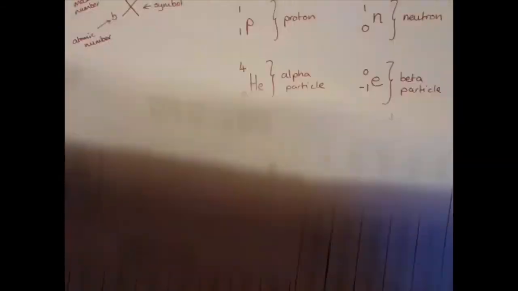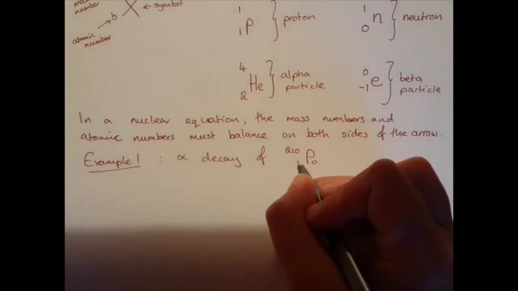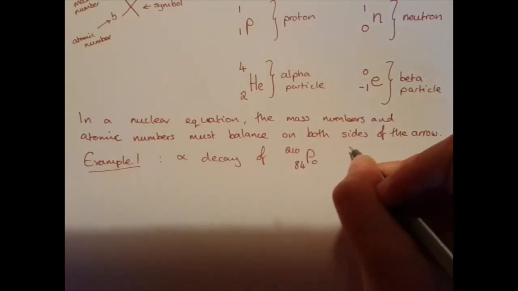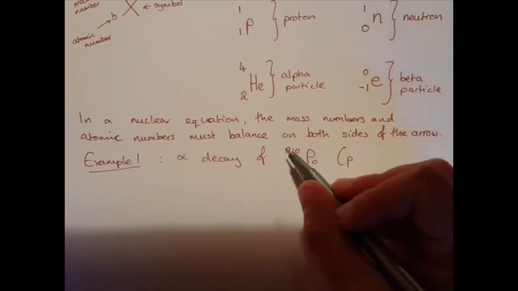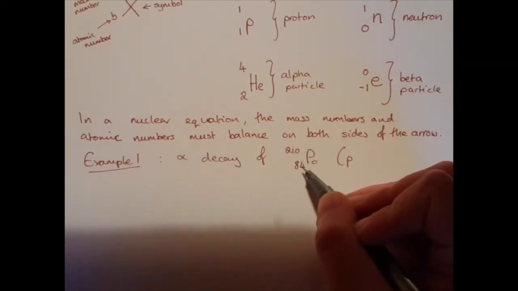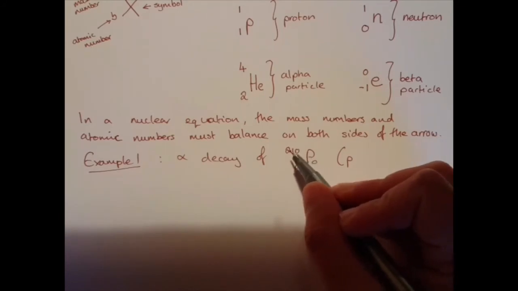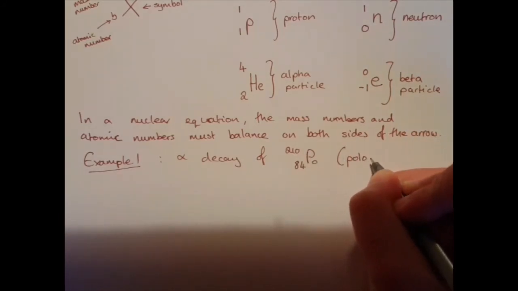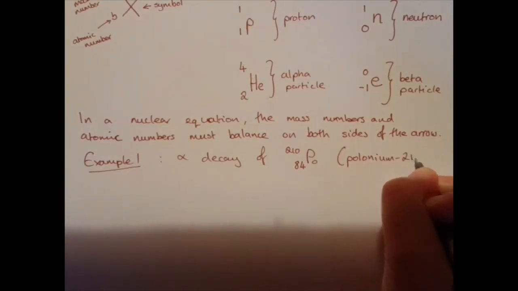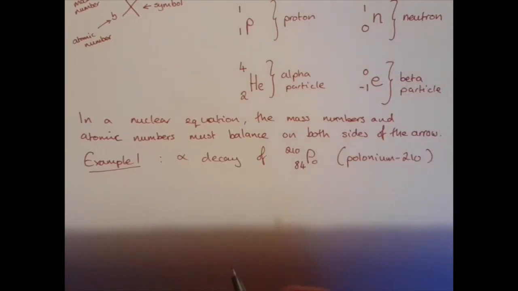There we go, 84 for polonium. Like I say, 210 is just one of the isotopes of polonium, which always has an atomic number of 84 but could have different numbers of neutrons. We call that polonium-210, so that's just another way of saying it.